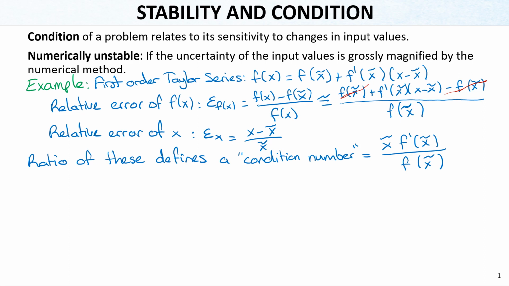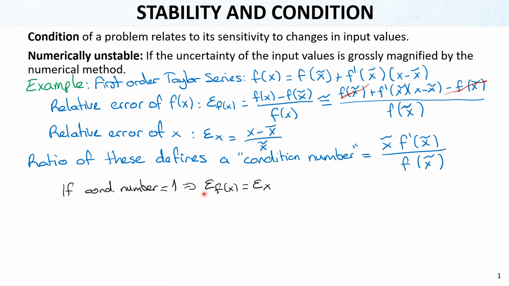And there are some conditions based on this. Let's write them down. If the condition number is equivalent to 1, then epsilon f(x) is equivalent to epsilon x, which means actually the denominator and this one are equal. That's why this becomes 1.